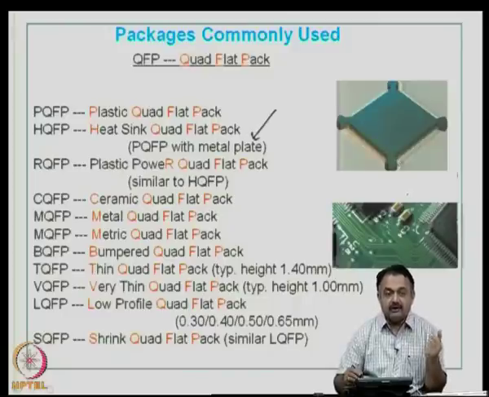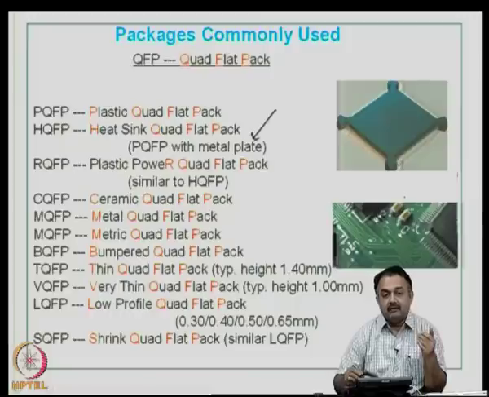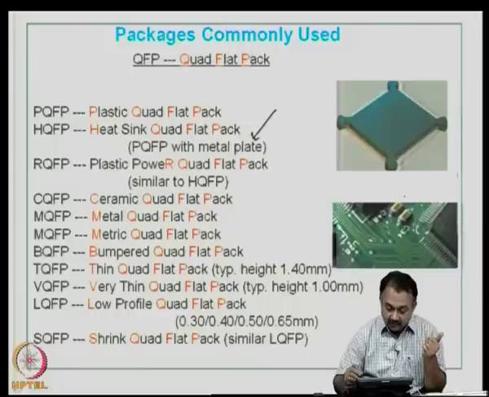Now, typically your heat sink material can be aluminum or simply other materials that have very high thermal conductivity and which should be very thin, low weight, okay, because we do not want packages to be very heavy. And you have to look at compatibility of the plastic package along with the metal material to provide a reliable package or a device.